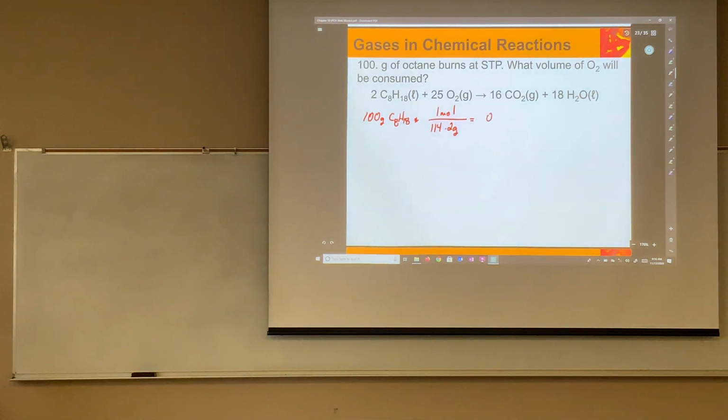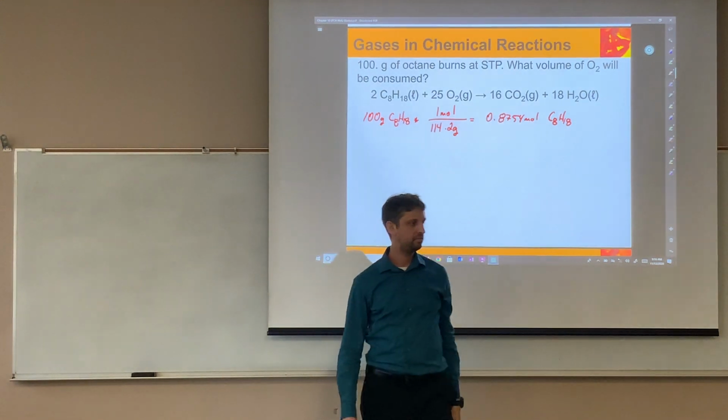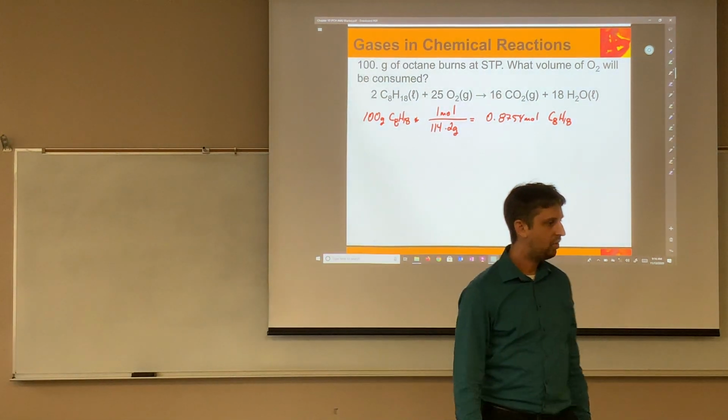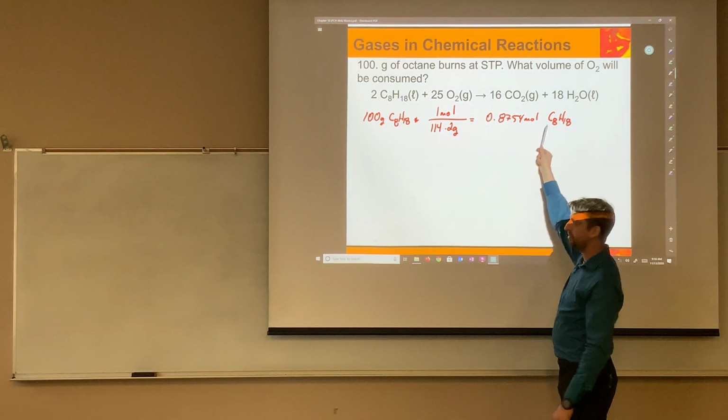If we do that, we have about 0.8754 moles of octane. You guys remember how we got this value here? So there's our molar mass. Now we've got moles of octane.